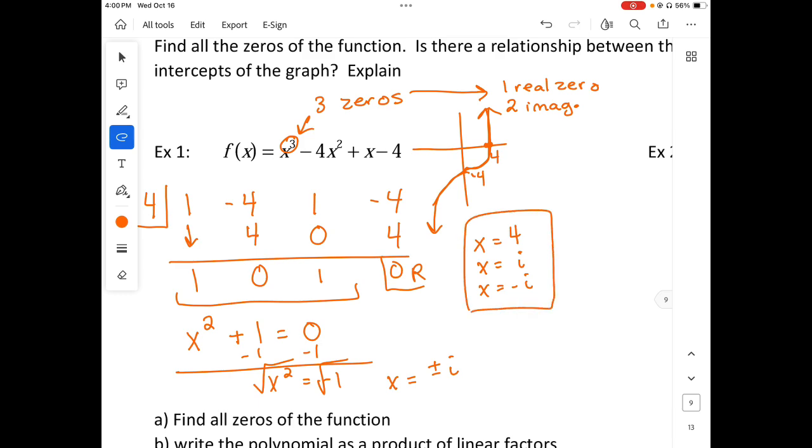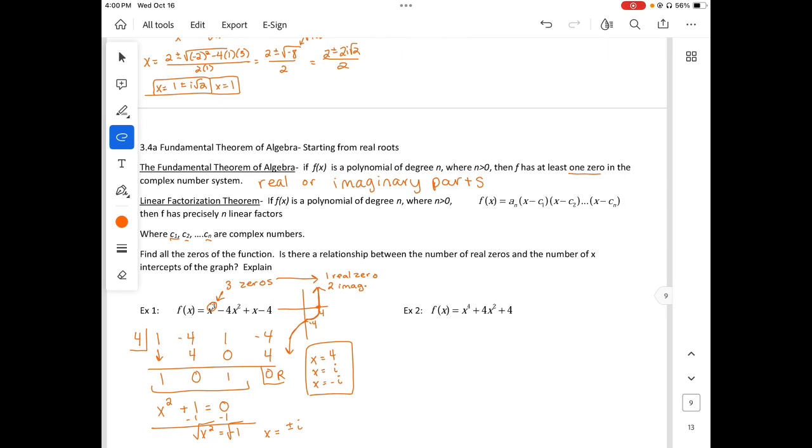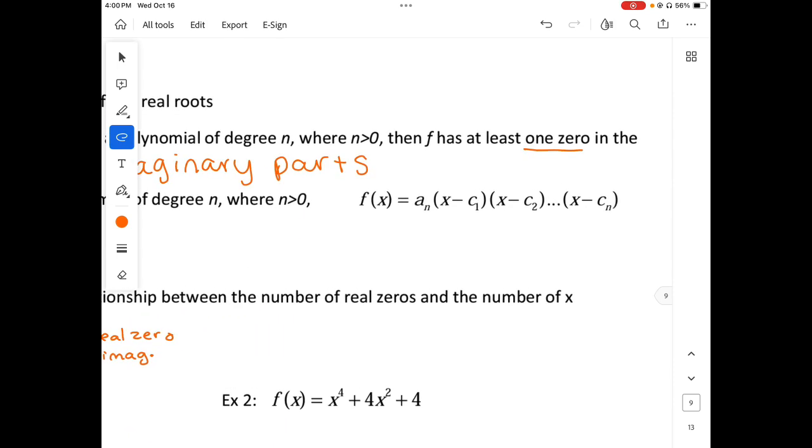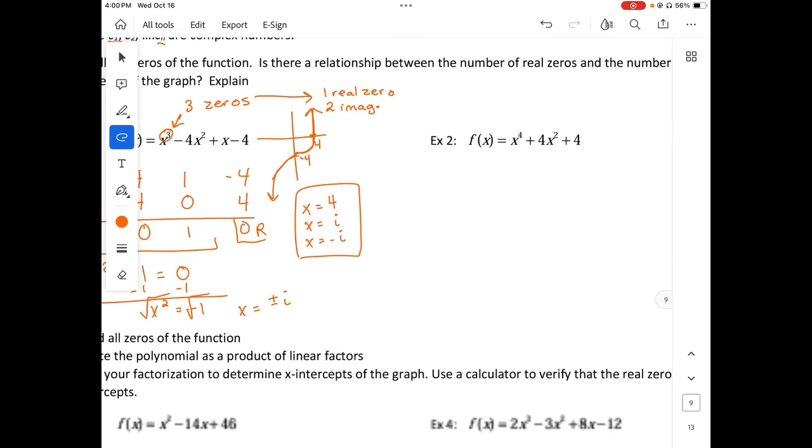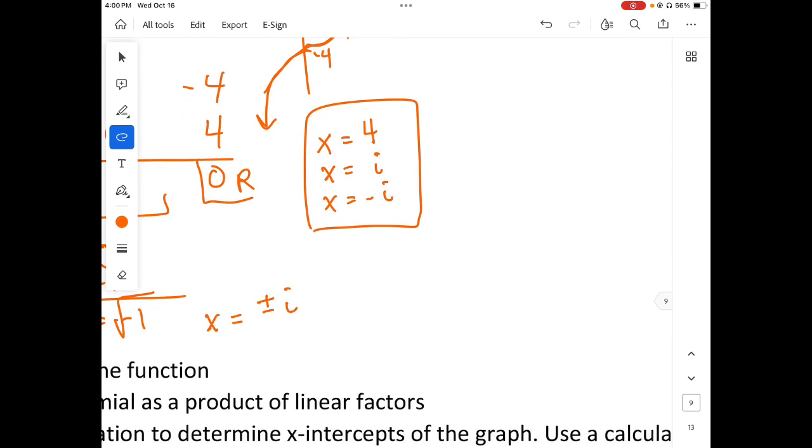So what we can do is write out our function like this. Our function is going to be f of x equals (x minus 4)(x minus i)(x plus i).